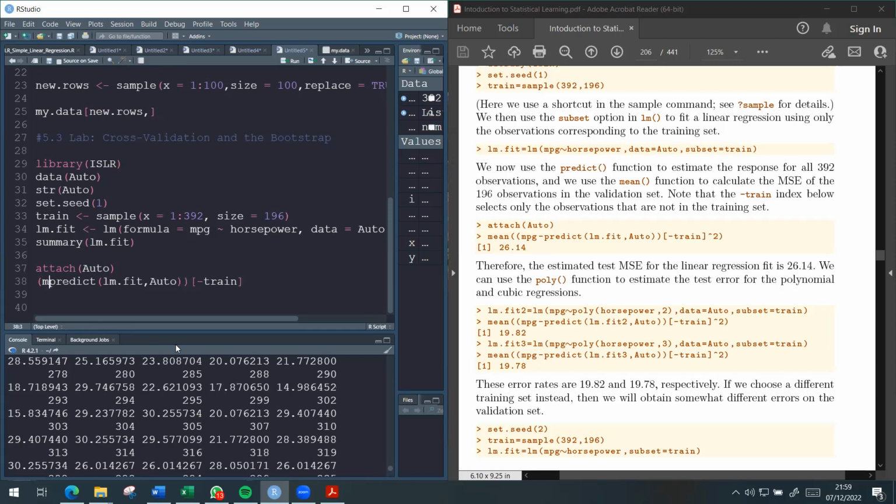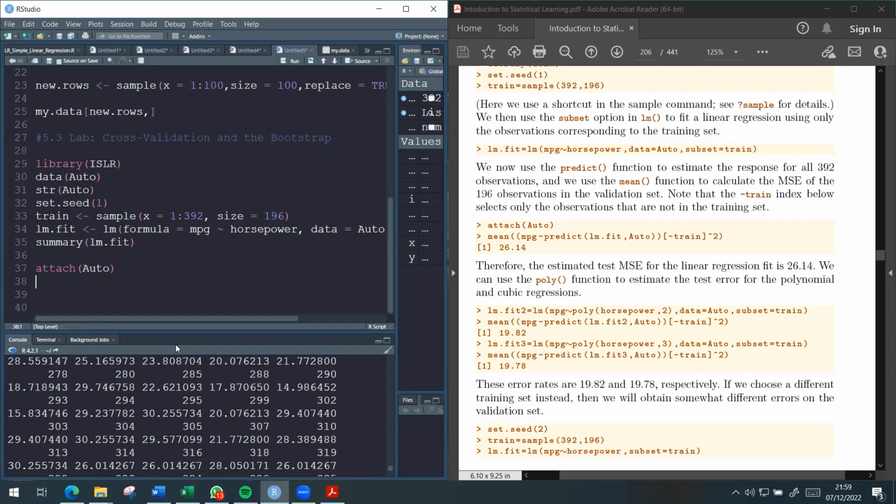Okay. Let's see if at least we get the same value. So we're doing actual versus expected, the actual MPG, and it knows that it's from the auto data set because of attached. The predict. You calculate all this.